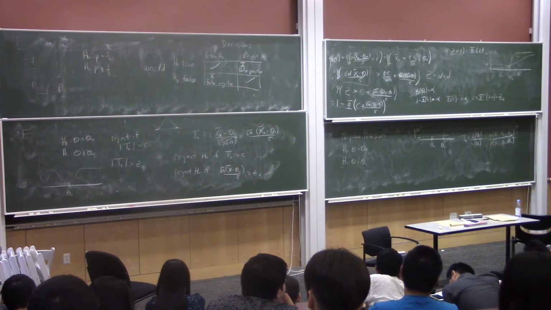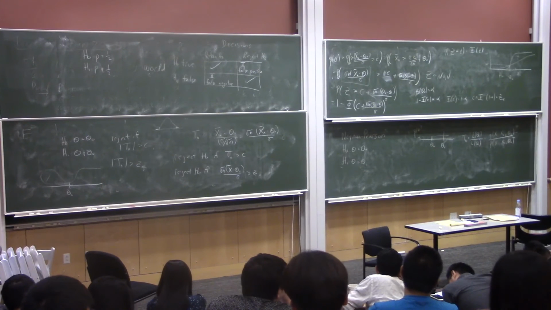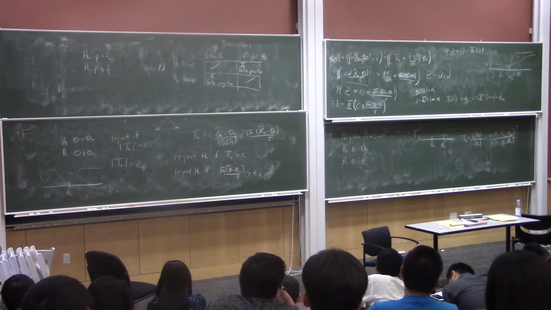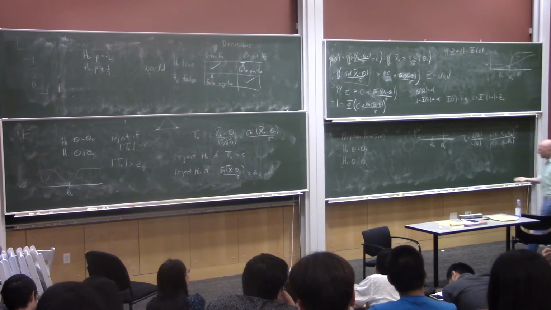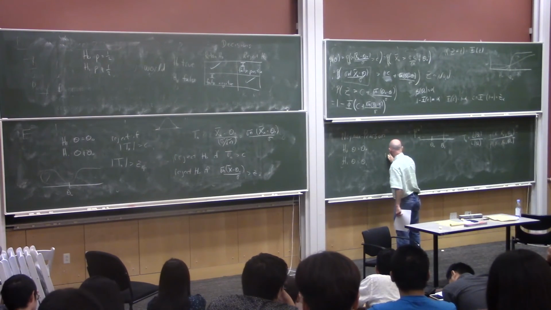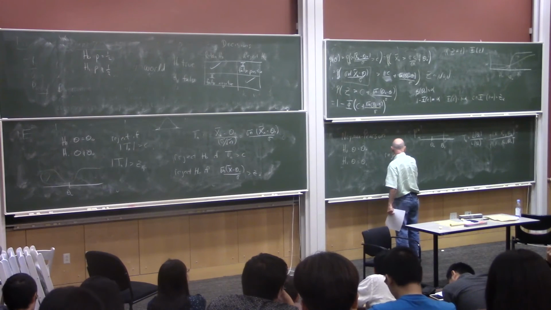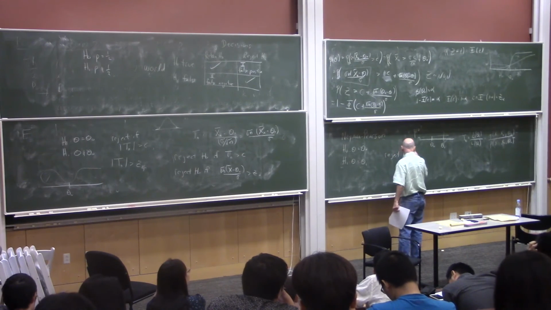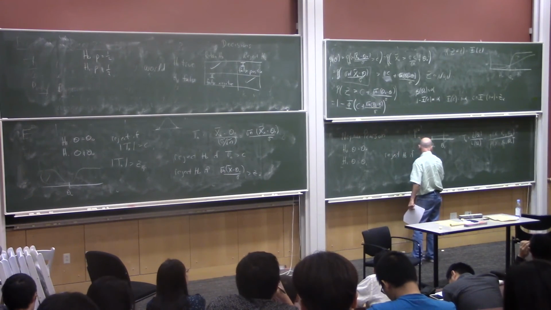So I can write this down, and I just take the ratio. I'm just comparing the likelihood at the alternative to the likelihood at the null. And intuitively, if the likelihood is bigger at the alternative, maybe I should reject. So I'm going to reject the null if Q is bigger than C.